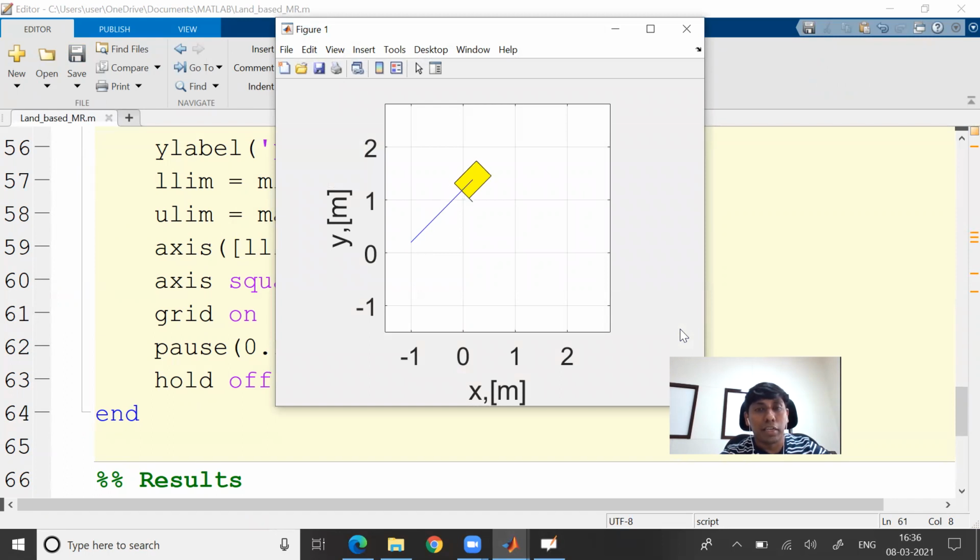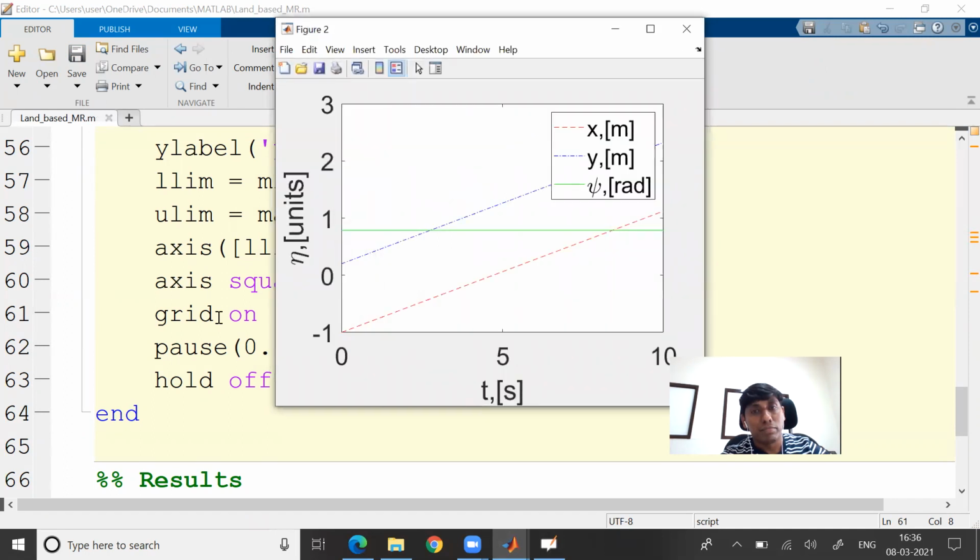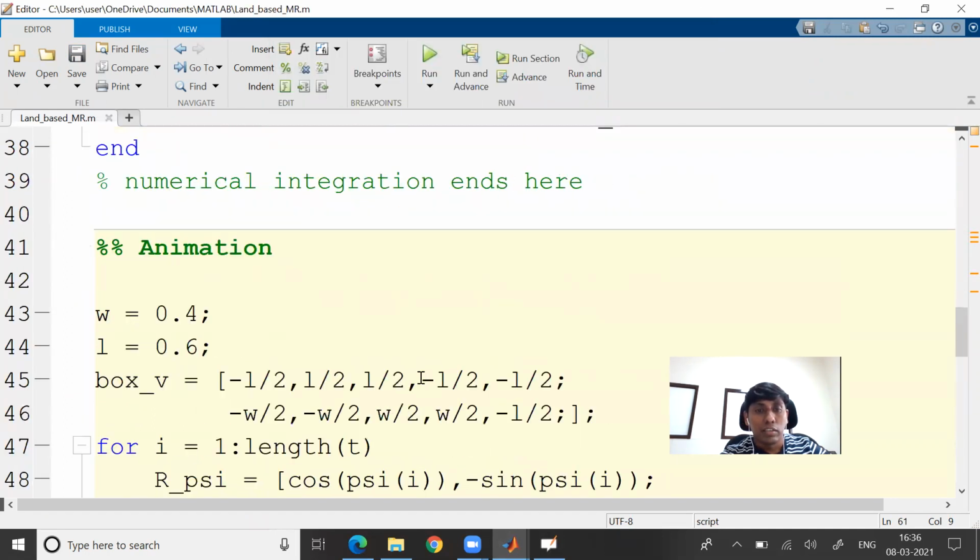It is fine, but there is a small hiccup here that we can check. Probably I did not put W by 2 or something. That might be the mistake. You can check that. You can see, right?